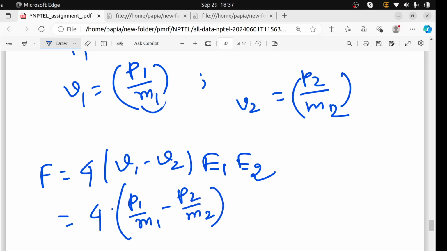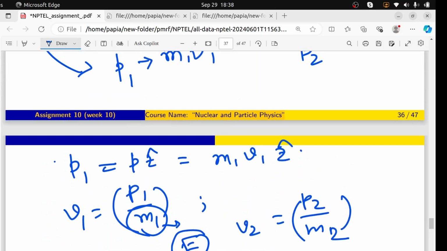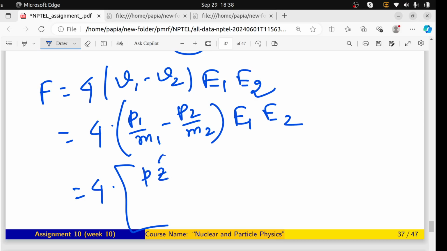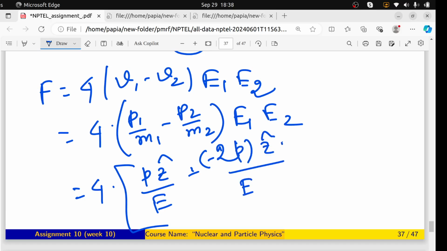It should be like M is E, so P by E. Then E1 E2. So V1, if I write here, that is P z cap by E minus 2P z cap by E. Then E1 E2: E1 is E, E2 is 2E.